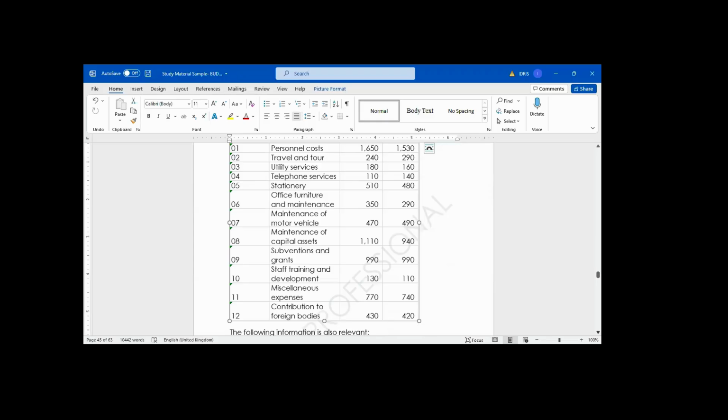Apart from personnel costs, all the remaining ones in the question are overhead costs.